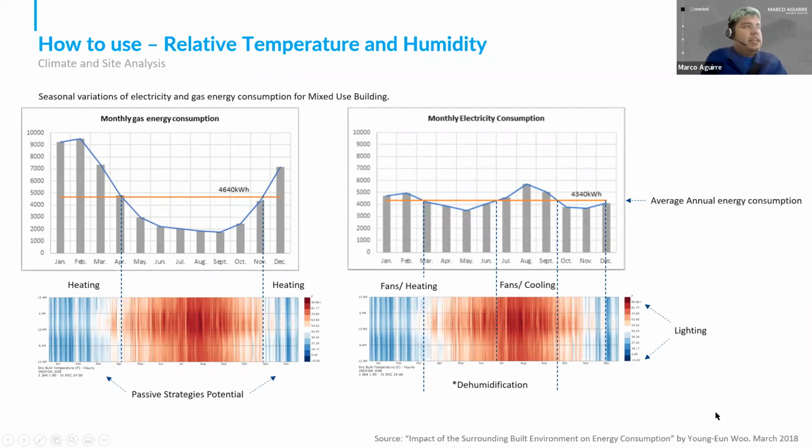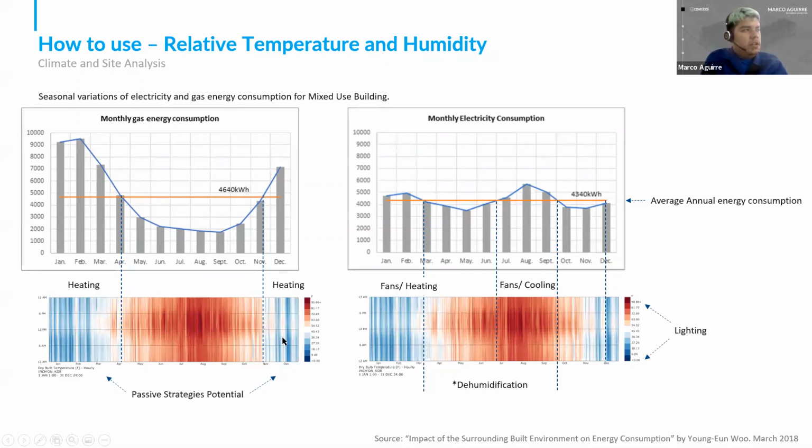But it was just looking at the energy consumption for gas and electricity for the city in Korea, and just looking at where that information was coming from and how it mapped onto the climate diagram. So here are two temperature charts looking at monthly gas and the peak seasons.